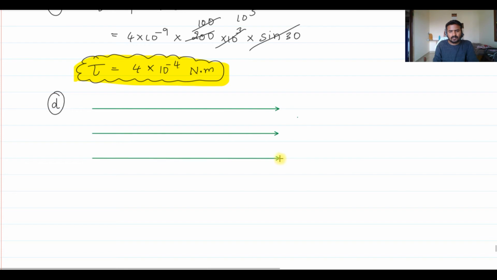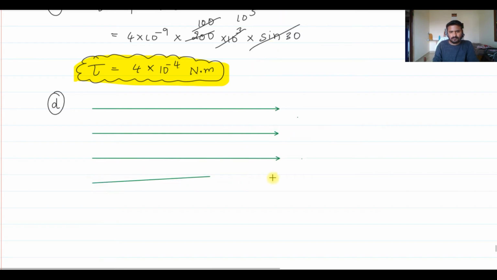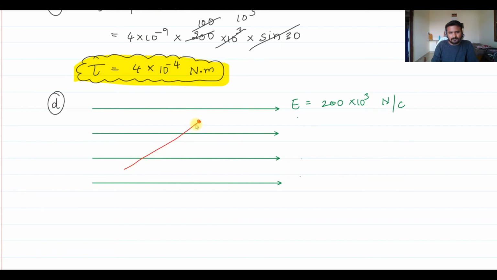All right. So I have this electrical field which is 200 into 10 power 3 Newton per coulomb, and I have this dipole, now initially at an angle of 30 degree, plus q here, minus q here. Now we are going to rotate it further by 30 degree.